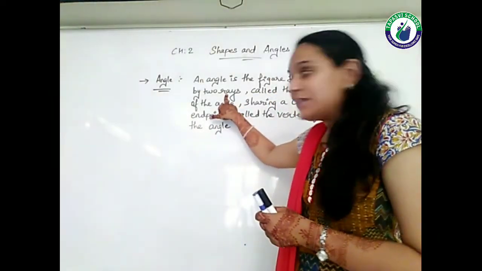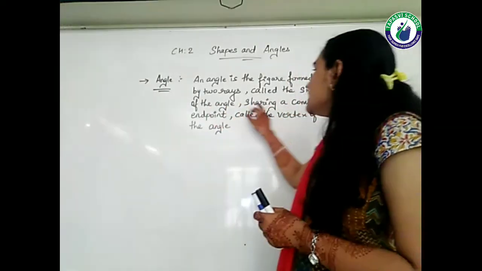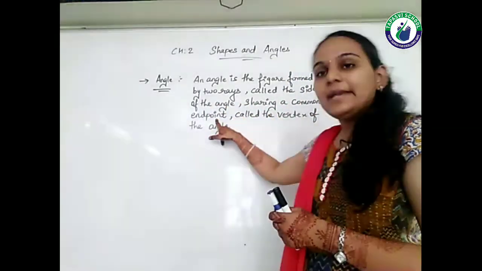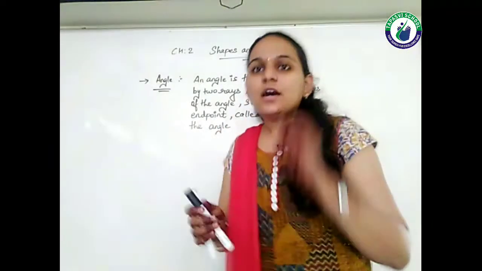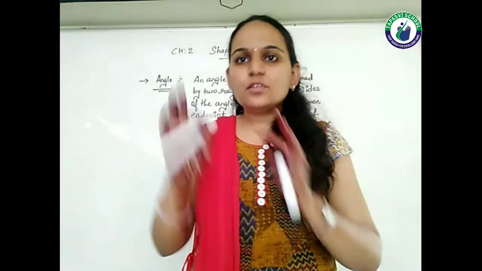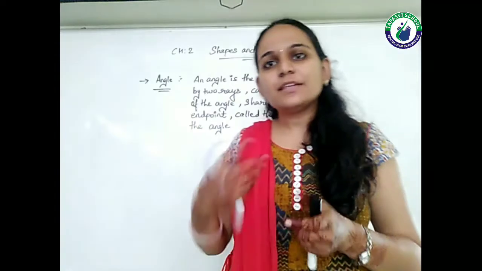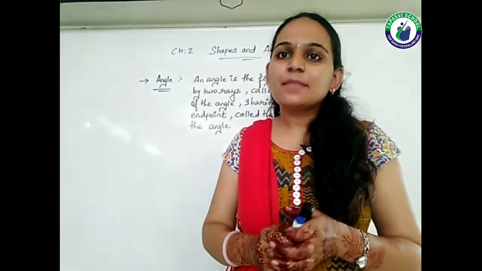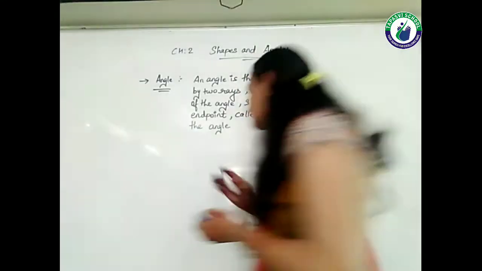The two rays are called the sides of the angle, sharing a common end point called the vertex of the angle. I will show you with the figure, then you will get more clarity about the definition. So let me show you the figure, students.